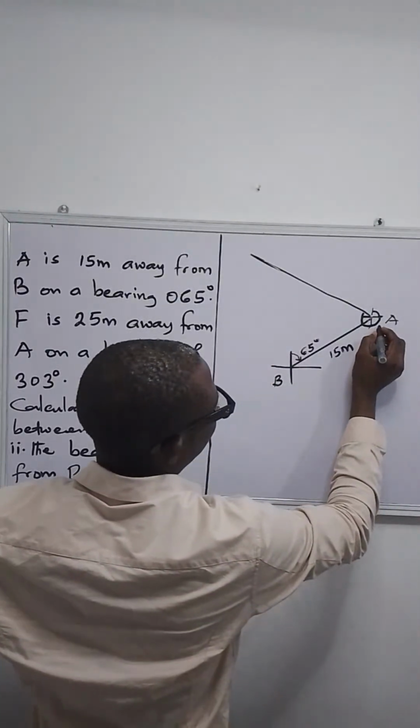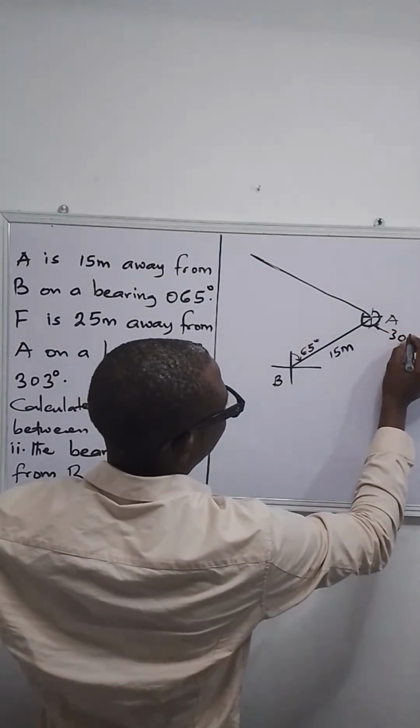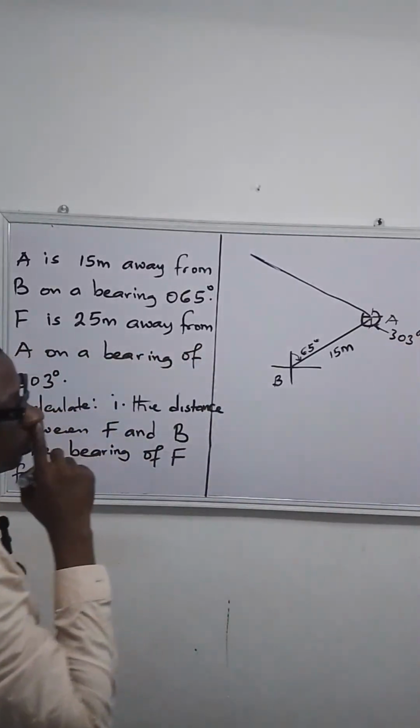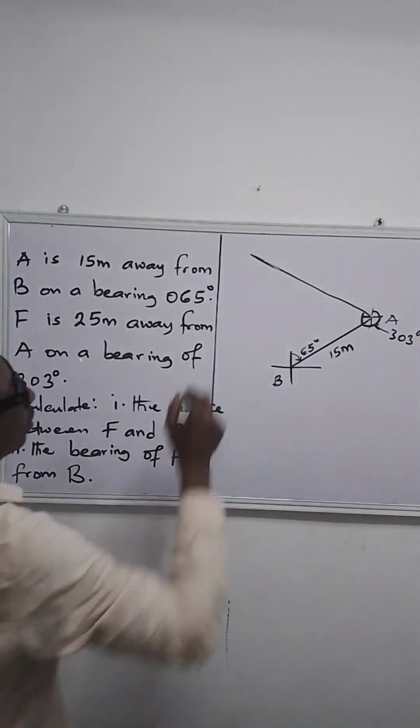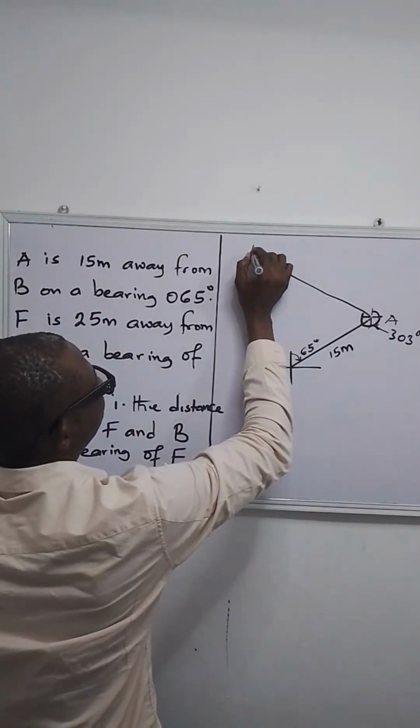Okay, so here we have 303 degrees. So this is the position of F.